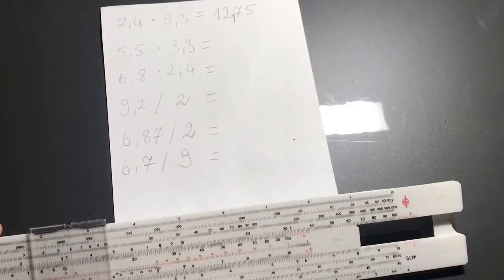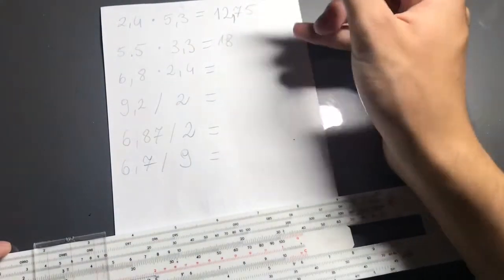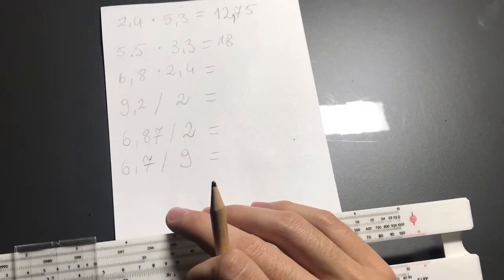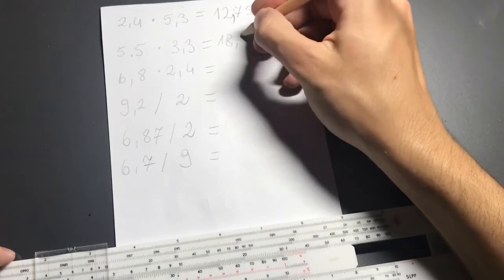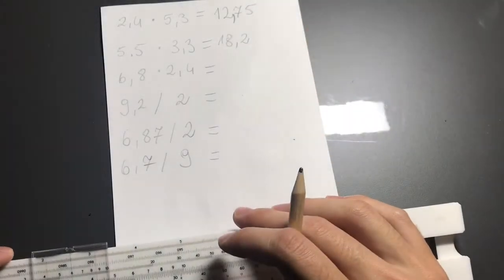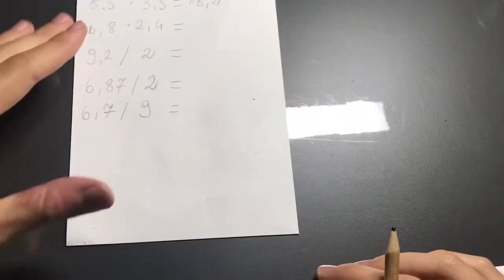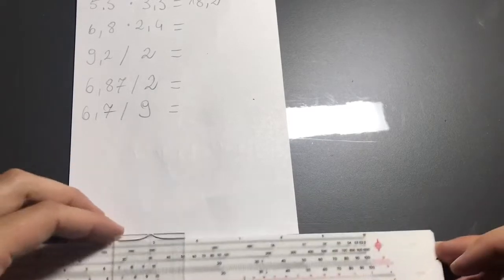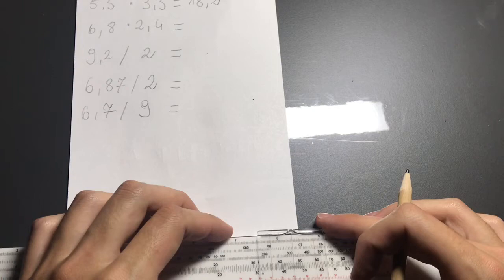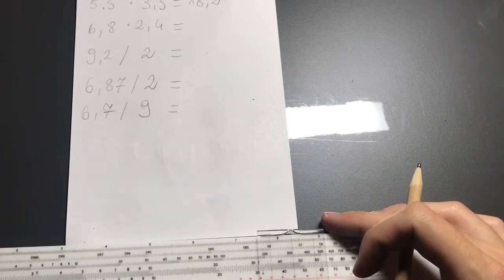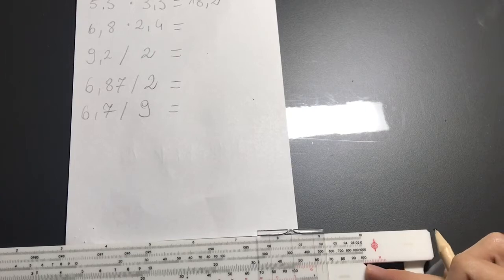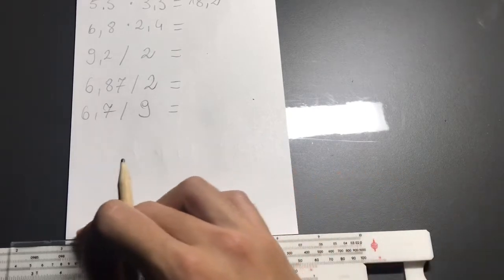And it corresponds to 18.2. I think we can assume it like that. Right now we have 6.8, which is roughly here, and multiplied by 2.4 it will be over the scale, so I need to position it like that.